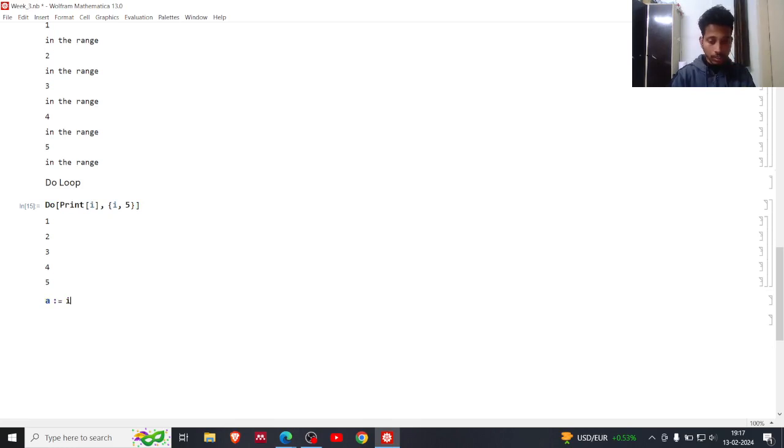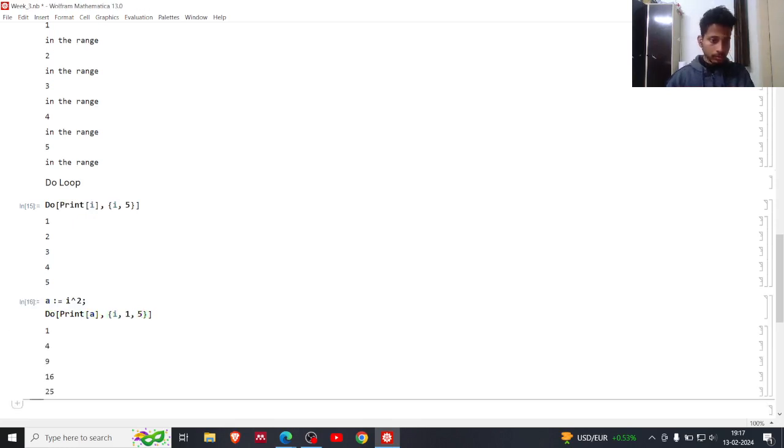so a I to the power 2, do print a, I 1 to 5. Okay, so we have printed the a I square, that is 1 to 5.